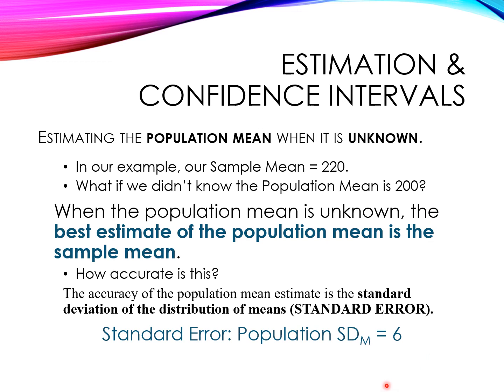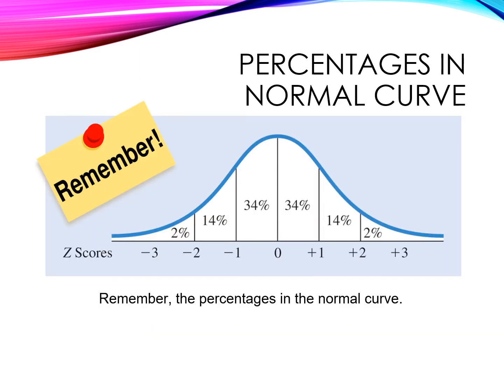We're going to be calculating what our confidence is in our knowledge of what the mean might really be. Okay, so remember back in chapter 4 when we were looking at the percentages in a normal curve. So just to refresh your memory, we have the z-scores going along on the number line down below.